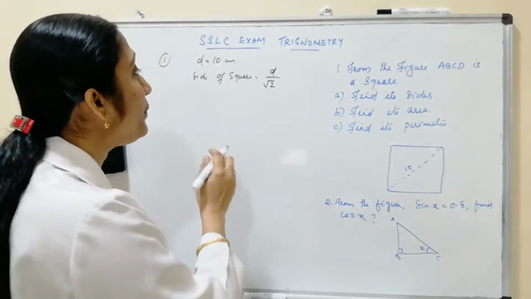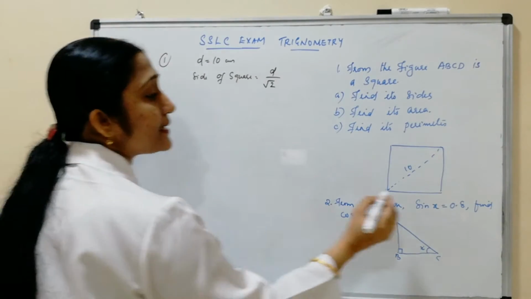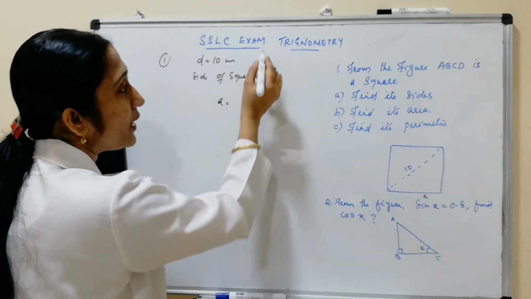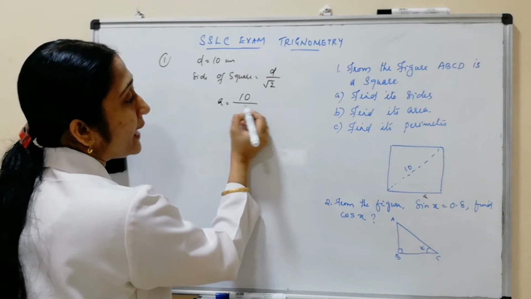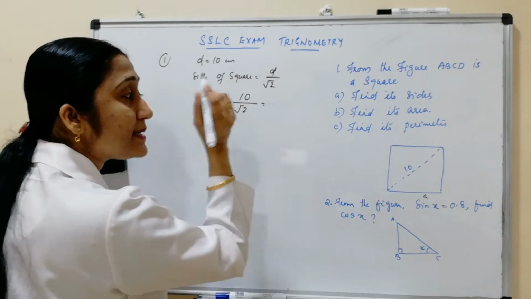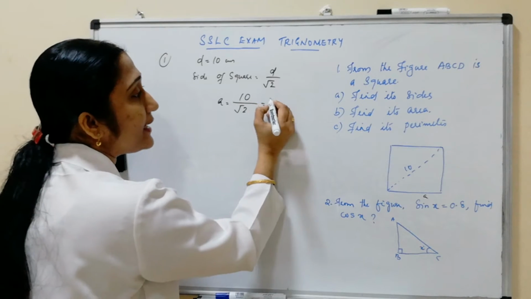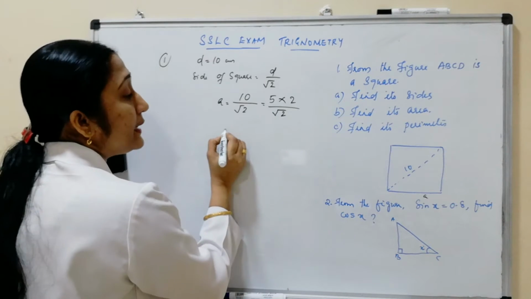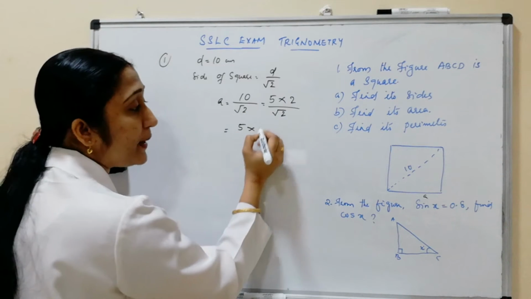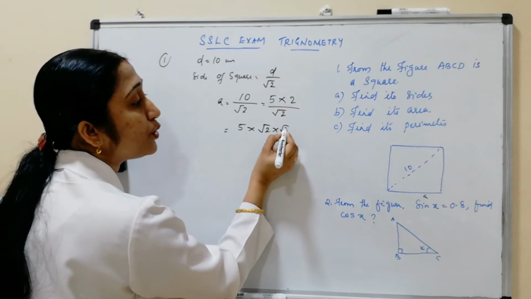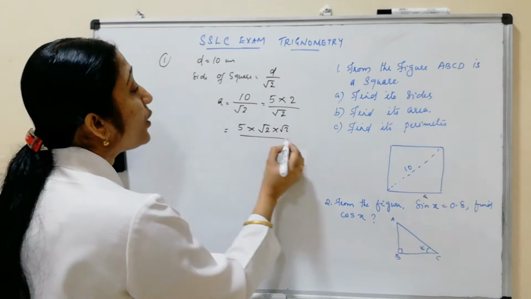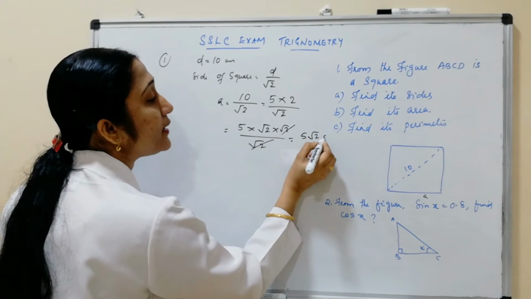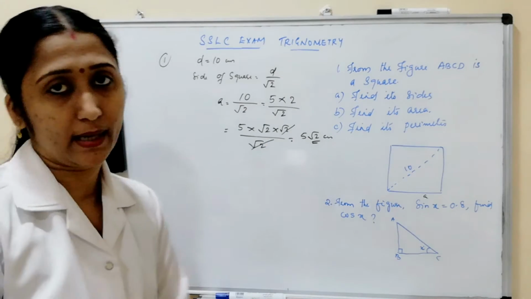That means side A is equal to D by root 2, which is 10 by root 2. We can write 10 as 5 into 2, and root 2 into root 2 is 2, so the 2 cancels. 5 root 2 centimeter is the side of the square.